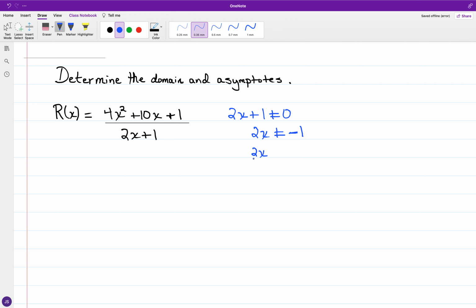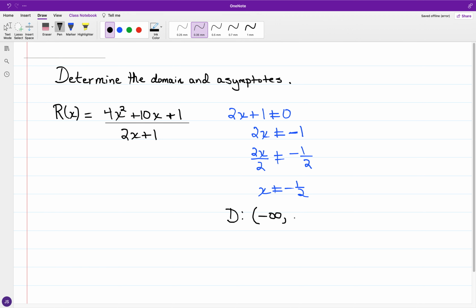Dividing both sides by 2, x cannot be negative 1/2. For the domain, there's only one exclusion, so we have those values of x less than negative 1/2, as well as those values of x greater than negative 1/2.